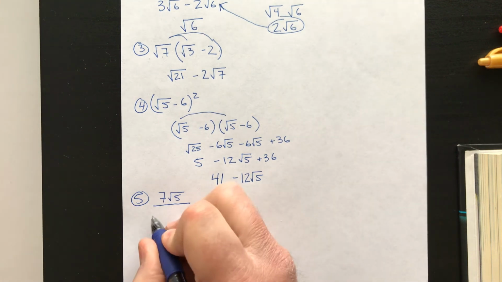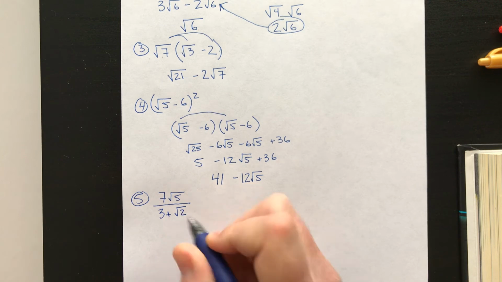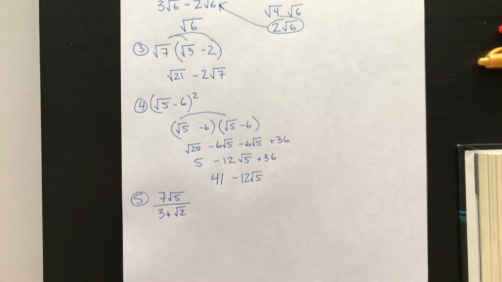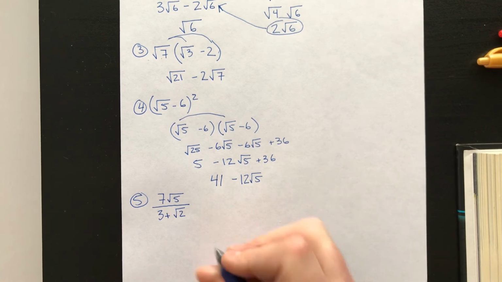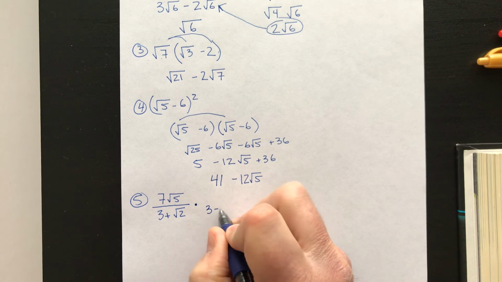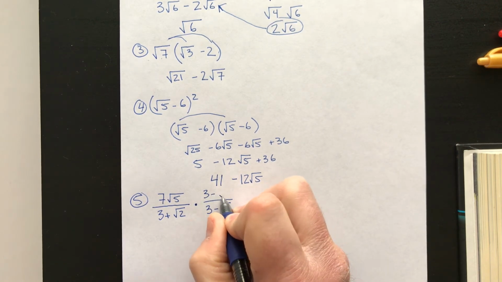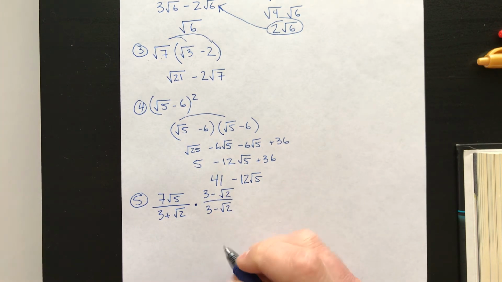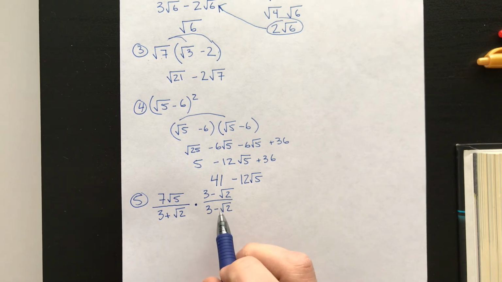In the denominator here, we have 3 plus the square root of 2. Remember, the problem is we can't have a square root in the denominator. In order to get rid of that, you multiply the numerator and the denominator by the conjugate. Basically, it's the same numbers, but you change the sign. Instead of a plus, I'm using a minus.